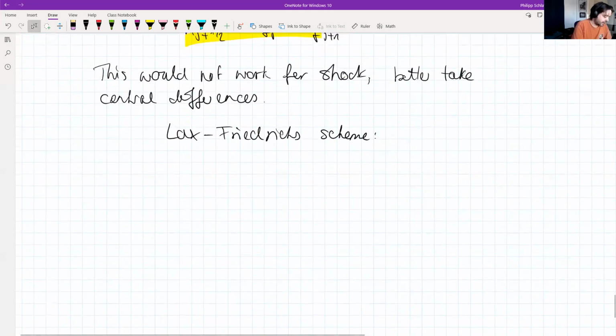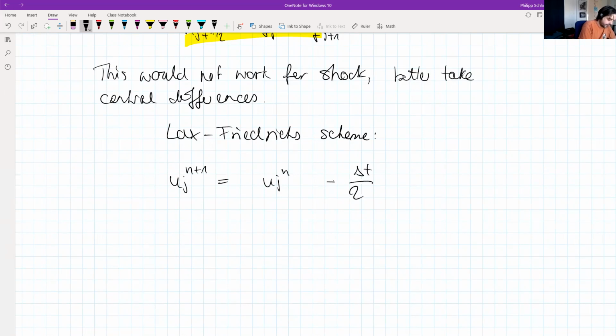The Lax-Friedrichs scheme is a central scheme, which essentially is just like this: u_j^{n+1} equals u_j^n minus delta t divided by 2 delta x times f of u_{j+1}^n minus f of u_{j-1}^n.